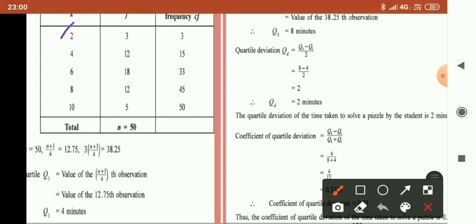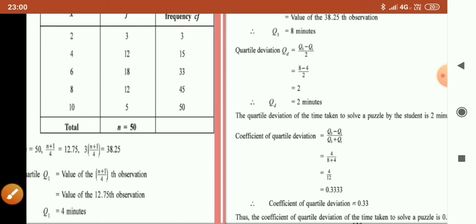Here xi is given, then fi. The next step will be to find CFI. How will you find CFI? CFI means we will have to add up the frequencies. Like first is 3, then 3 plus 12, that is 15.